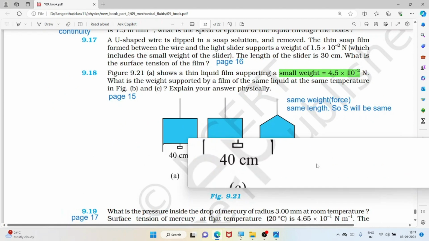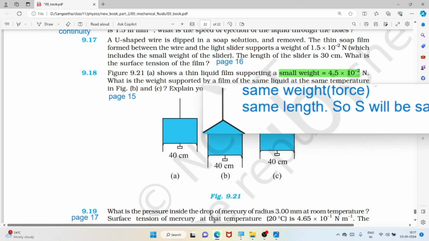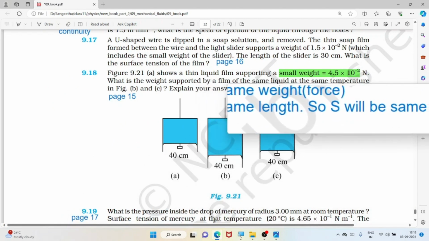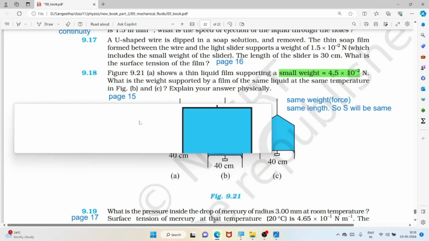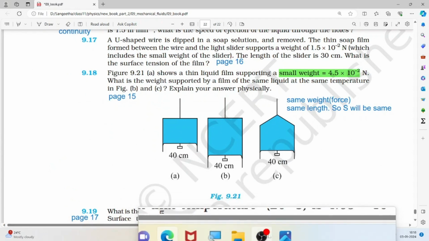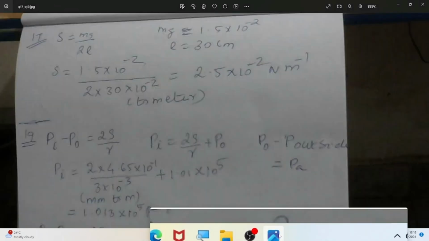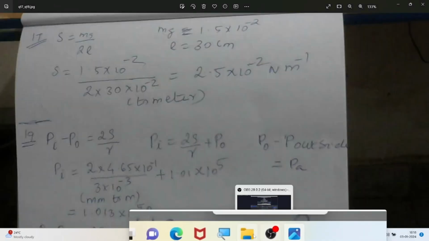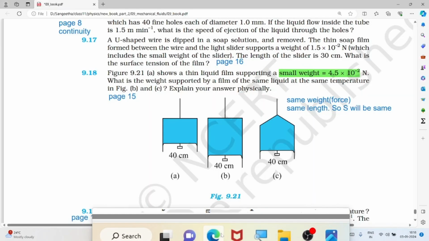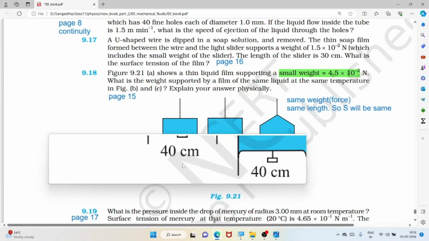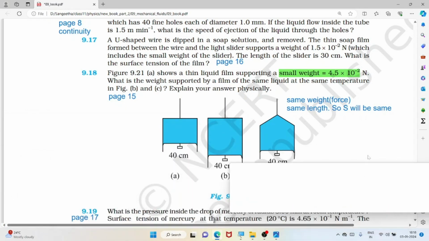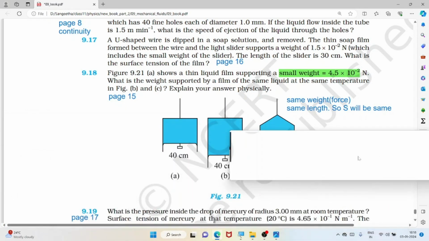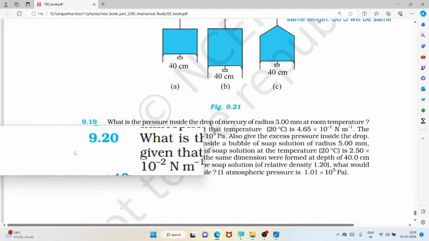Okay, here same weight, same length, so S will be the same. S will be the same because W by 2L is the S, so here 2L is the same, W is also the same, then S will be the same.